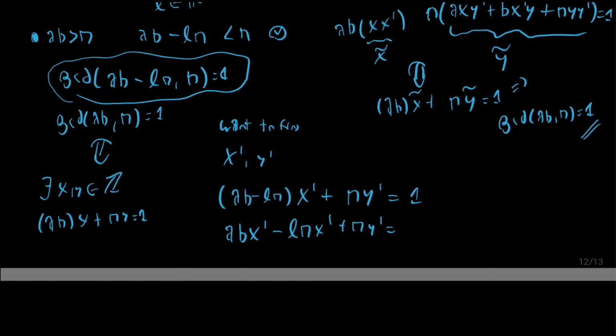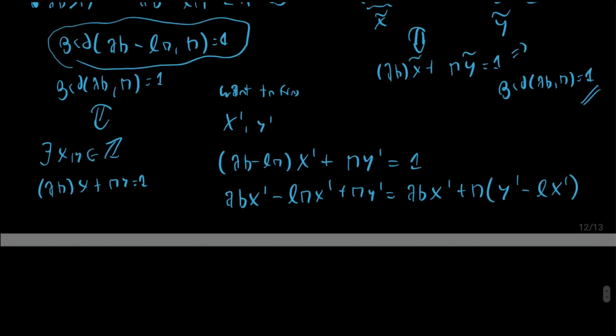Now we just take the n up front, and what we get is n times (y prime minus L times x prime). Now notice what we have. We call this y tilde and this x tilde.